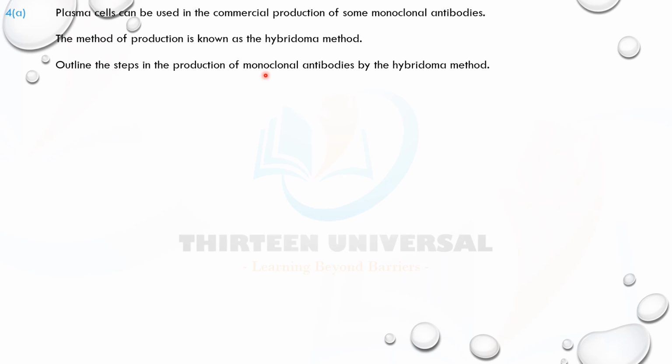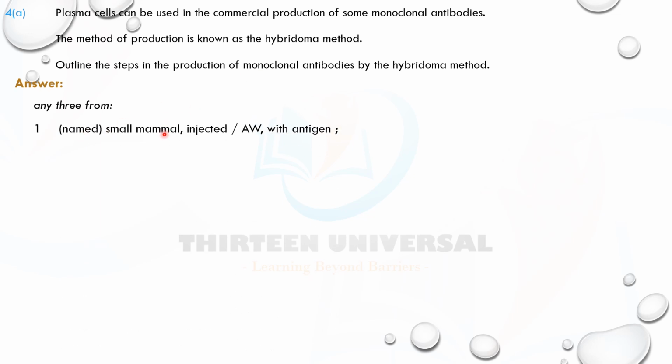If that is the right hybridoma, it will make antibody which binds to the antigen, forming an antigen-antibody complex. The hybridoma can then be grown commercially in large fermenters. As it grows, it makes large quantities of antibody. Remember that plasma cells cannot divide, but they make antibodies, and cancerous cells divide indefinitely.